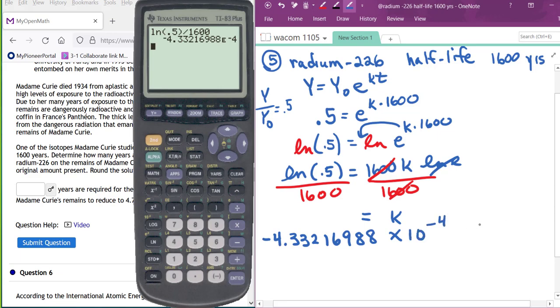Right. So we want to get this out of scientific notation. We'll apply this math, and it means your decimal is going to go 4 places to the left. This will be 1, so we're going to need 3 zeros.